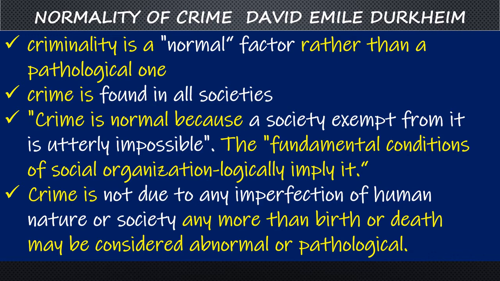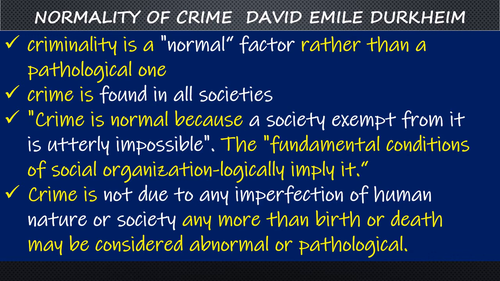He said that criminality is a normal factor rather than a pathological one. In other words, it is not based on the sinful nature of man or the tendency of man to commit crime, but rather he said that a society with criminal activities is a normal society, and a society without crimes is an abnormal society.